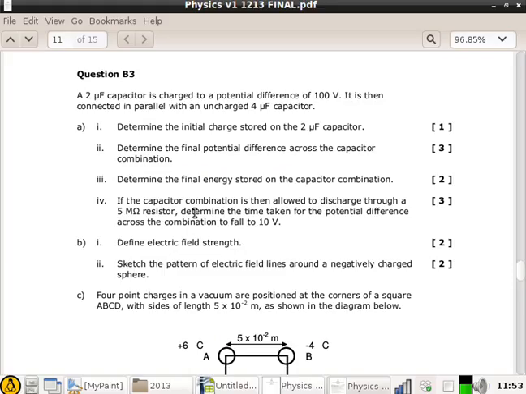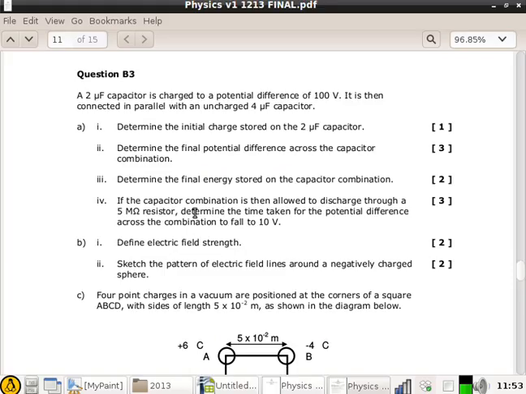Determine the initial charge stored in the 2 microfarad capacitor. There's only one formula you need here. What's the formula for charge? Q equals CV. Do you know the C? Yeah, and do you know the V? You do. So really quickly, you can tell me what the charge is.